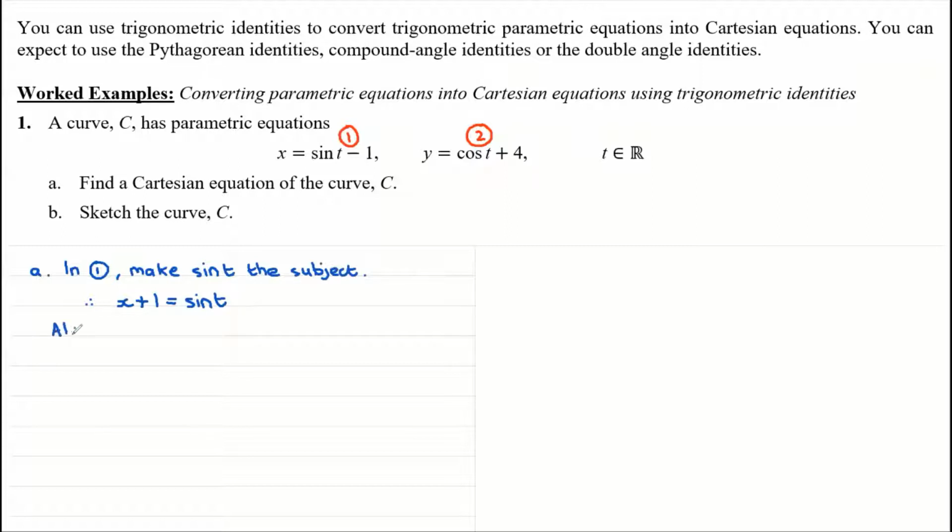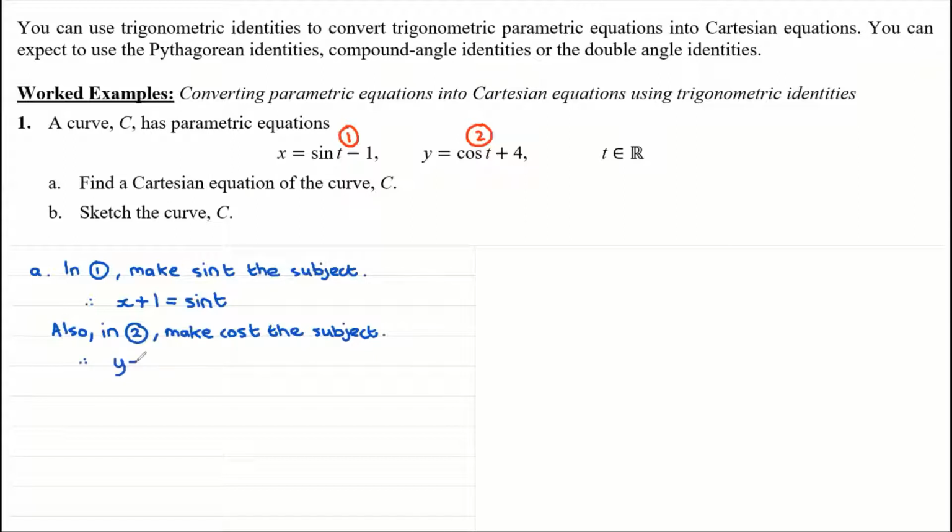Okay, and we repeat this with equation 2. So also, in 2, we're going to make cos t the subject. Then we can let the identities do the work. All right, so again, that's really simple. I just have to subtract 4 from both sides.